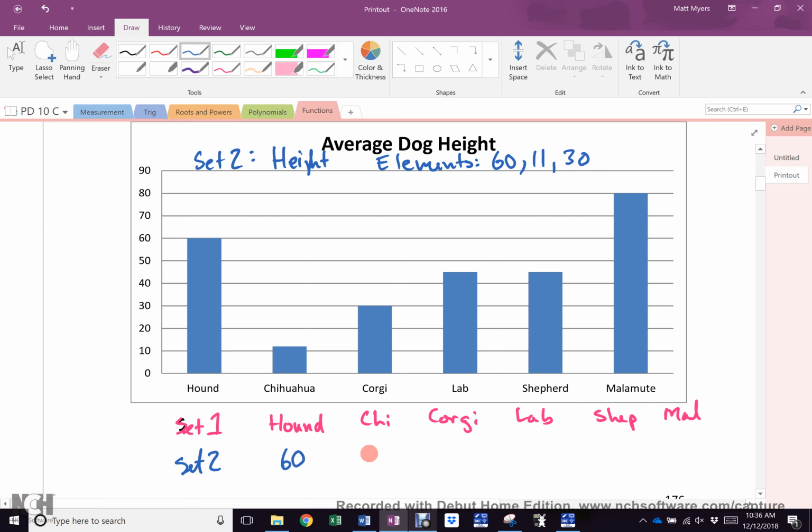What was the chihuahua's height? 11. I'm sad Chihuahua is even on here because they don't deserve to be called a dog. Corgi, lab, shepherd, malamute, 80.